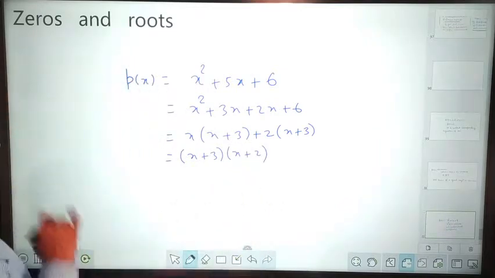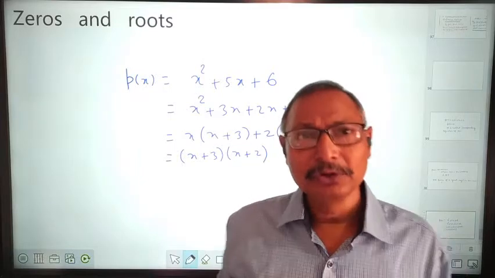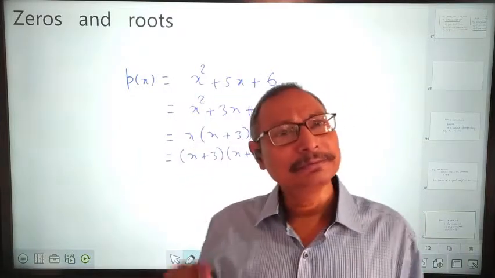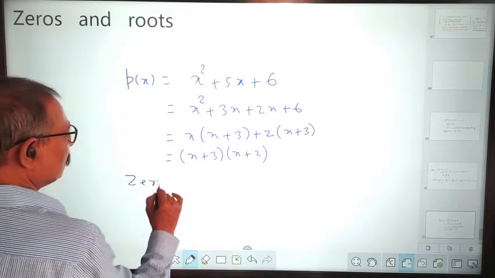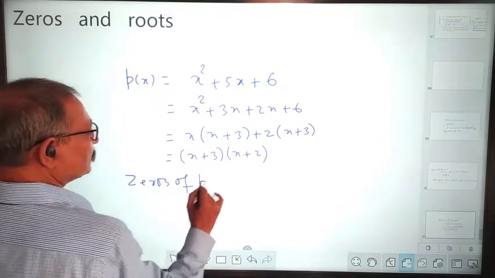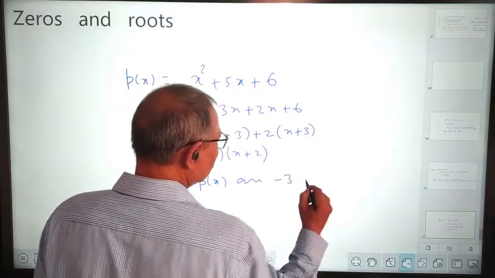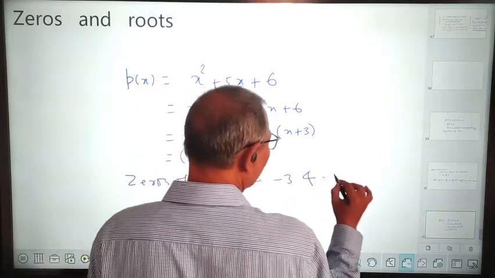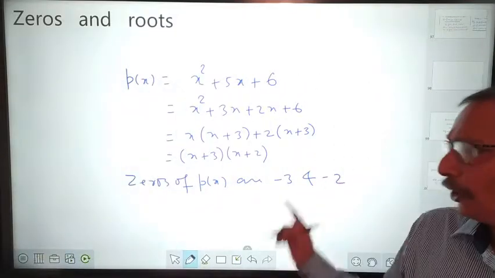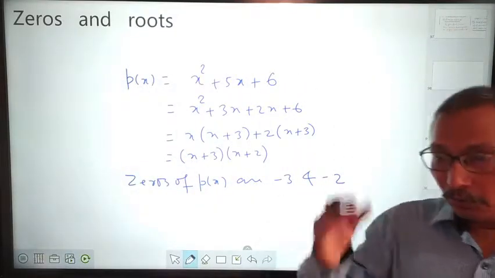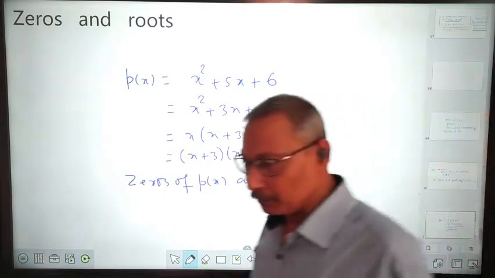If you are asked to find the zeros of the polynomial, then you say the zeros of P(x) are -3 and -2. That means the values of x for which the whole polynomial's value becomes 0 are called zeros of the polynomial.